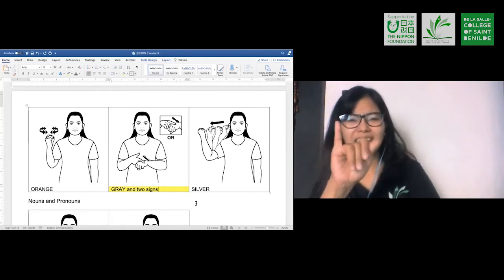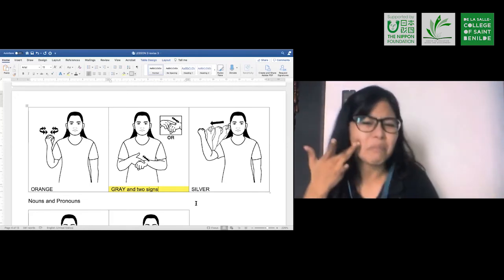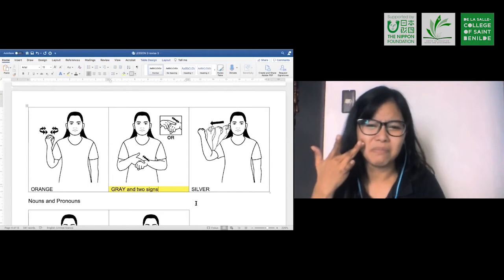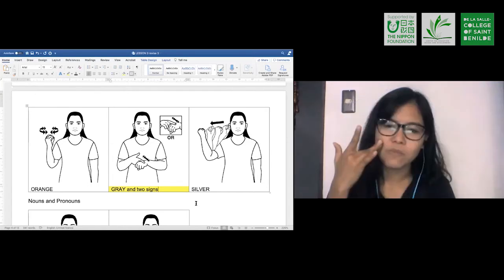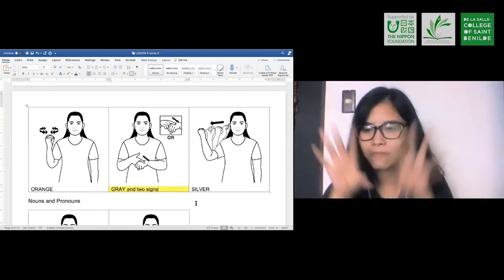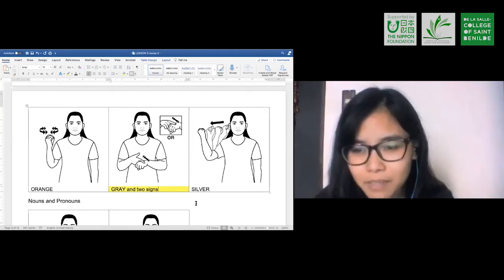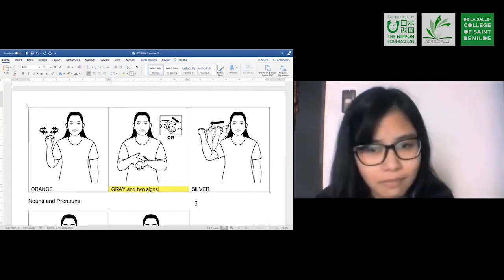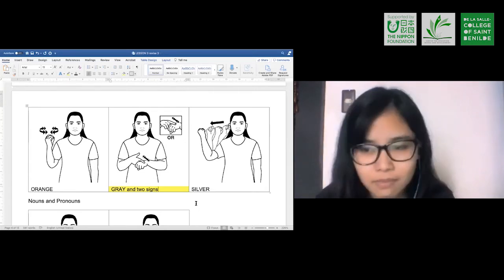In the community, this is also like a black person. So there are those differences in the community. It's not all uniform, so you have to make decisions about what it is you want to teach.